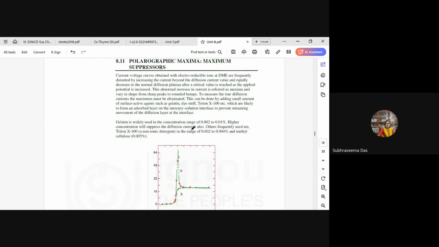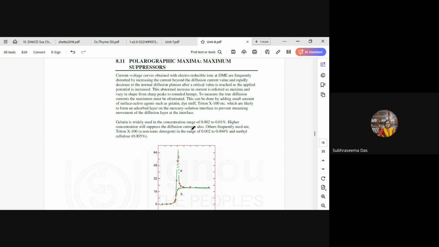Now coming to polarographic maxima and maximum suppressors. Current-voltage curves, that is the i-E curves, are frequently distorted by an increase in current beyond the diffusion current, which rapidly decreases to the normal diffusion plateau. This abnormal increase in current is referred to as maxima, and varies in shape from sharp peaks to round bumps.